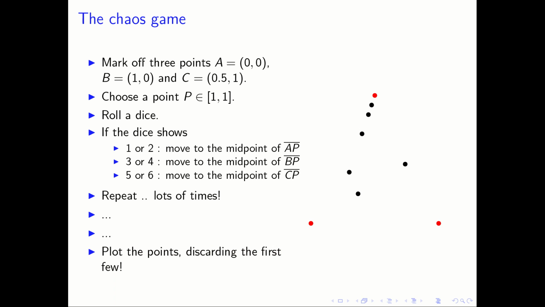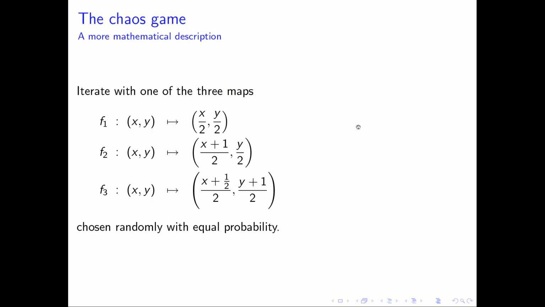The first few points will land helter-skelter. But after a while you will see that a definite shape is going to start emerging. Now, when I say a while, it takes quite a long while. But before we see exactly what happens, let's get the mathematics back.